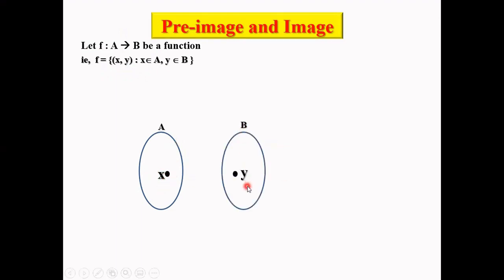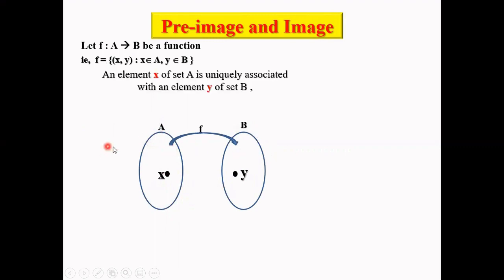Set B is here, y is its element. An element of set A is represented by x, and the function is from set A to set B. An element x of set A is uniquely associated with an element y.